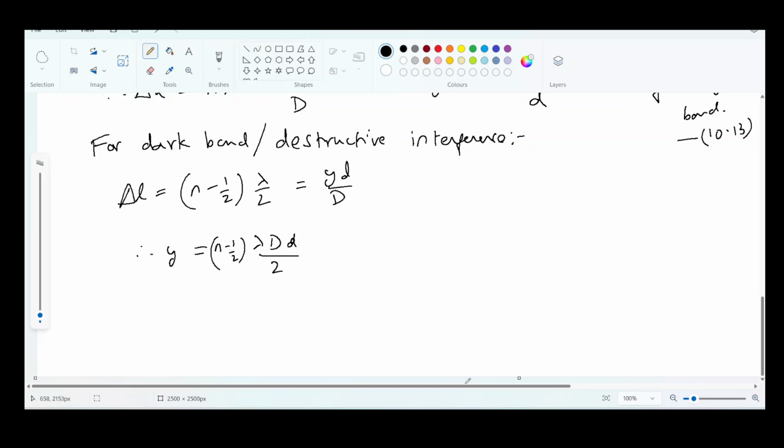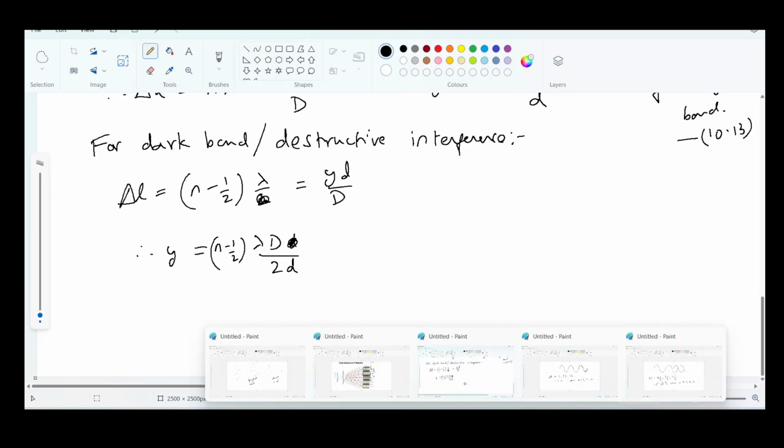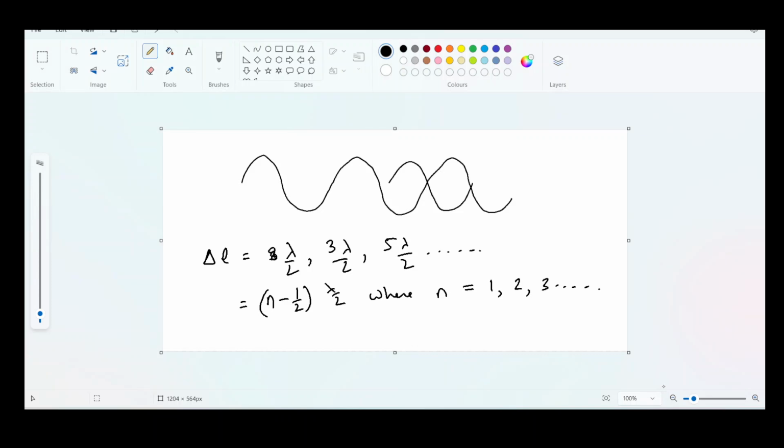Sorry, this d will be down. I'm sorry, here there will be no 2. It will be just lambda.